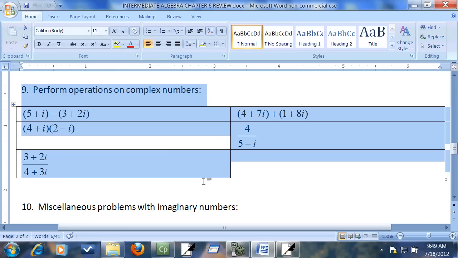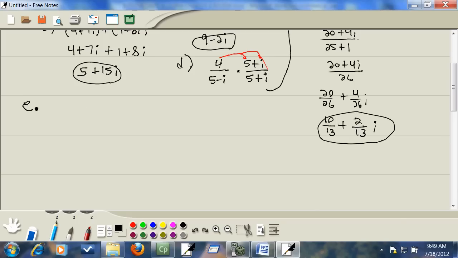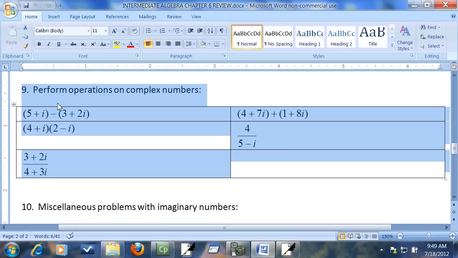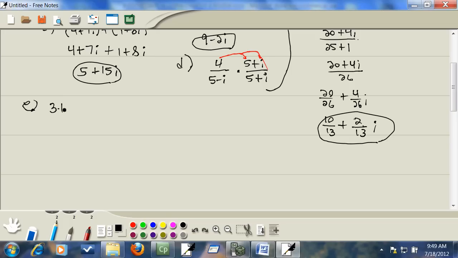Now the fifth one. We got 3 plus 2i over 4 plus 3i. Well, this is no different. If you got two items down below and one of them has an i, you multiply the top and bottom by the conjugate of the bottom. So multiply top and bottom by 4 minus 3i.